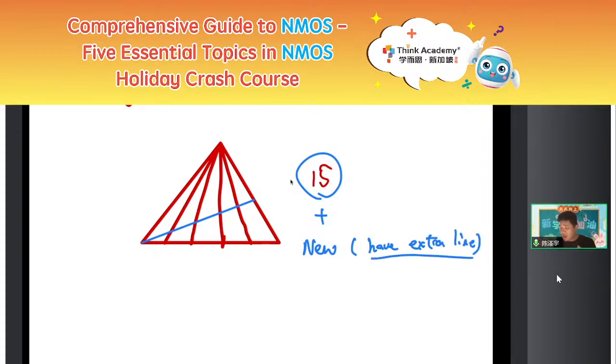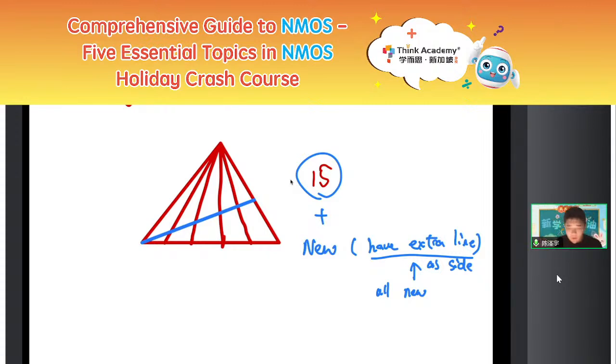This actually means all the new triangles will have this extra line as one of their sides, right? So at this moment, all we need to do is focus on this blue line and count how many new triangles are created by the blue line, right?